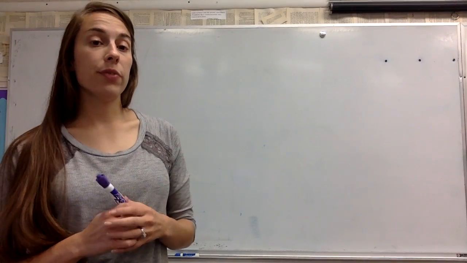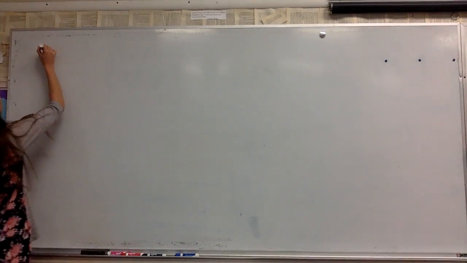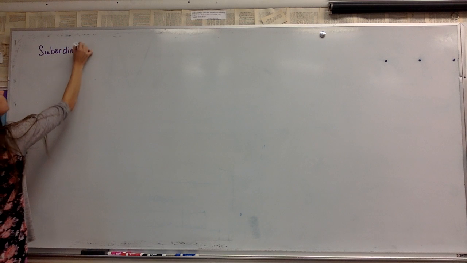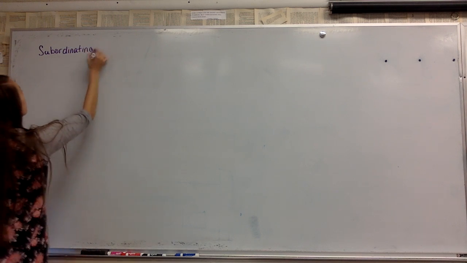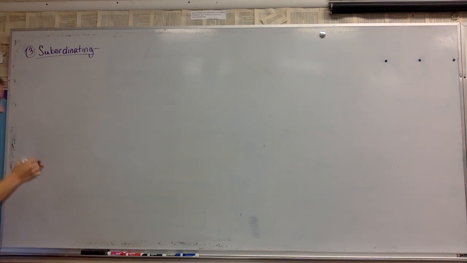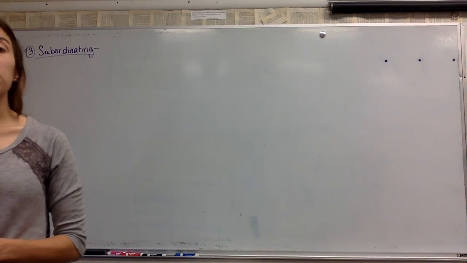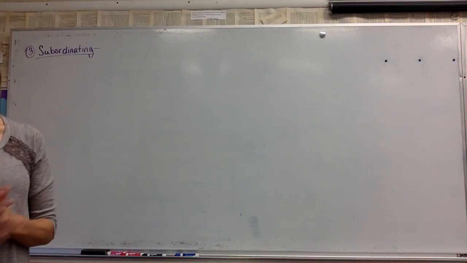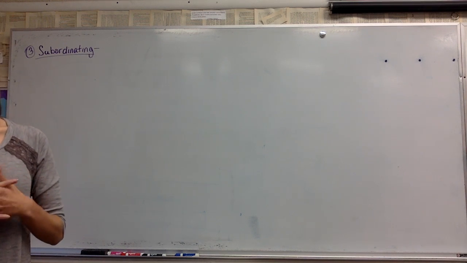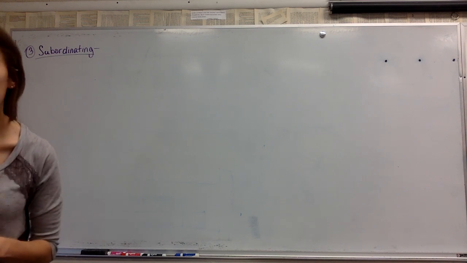Our third type of conjunction is our subordinating conjunction. Now, I hope subordinating or subordinate sounds familiar. What did we talk about when we talked about subordinate? We talked about a baby and how they rely on someone else to take care of them.